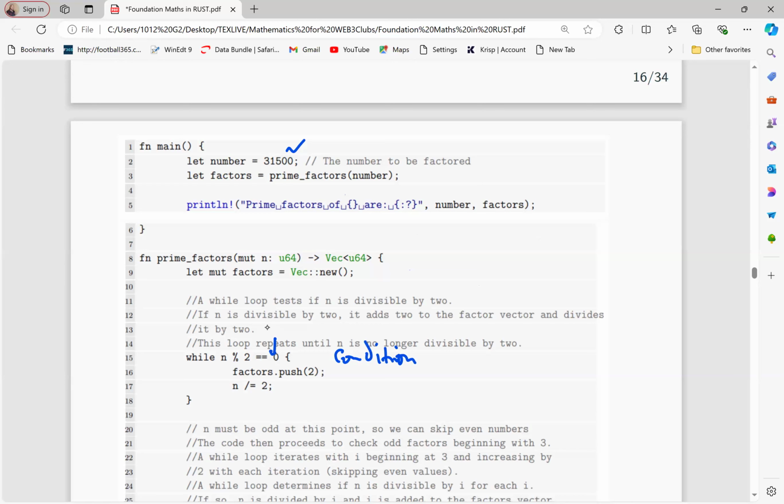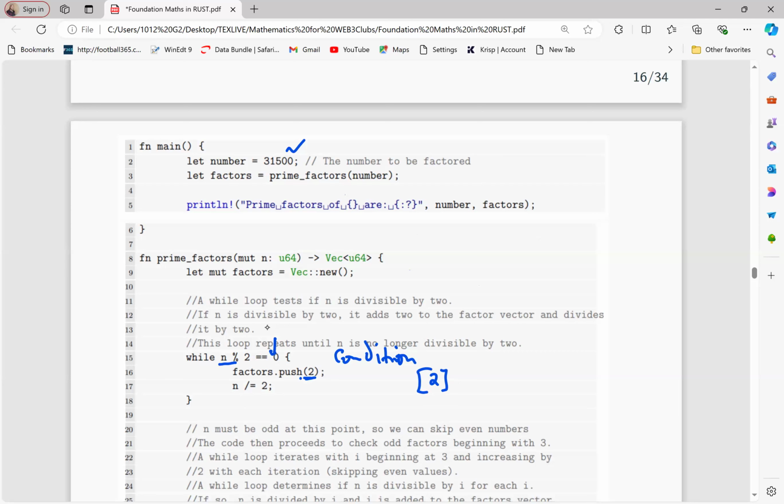Inside here, you are told that if this condition is met, then push 2 to be a factor. So at this point, supposing this number is divisible by 2, we have obtained one factor. The one factor is 2.